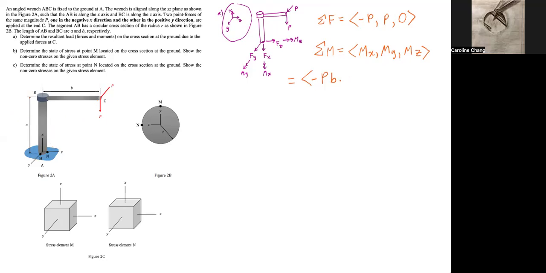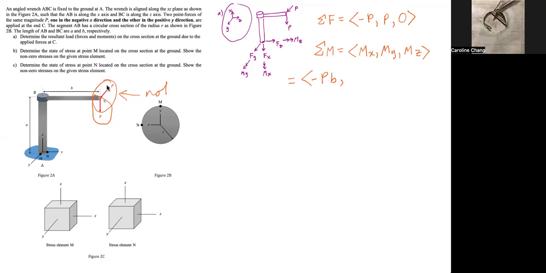Now, what about the My direction? The My direction will be a moment around this axis. Is there any force causing a moment around that axis? Well, we see there is this P force over here, and it will not cause a moment around the y-axis because this P is actually parallel to this y value.